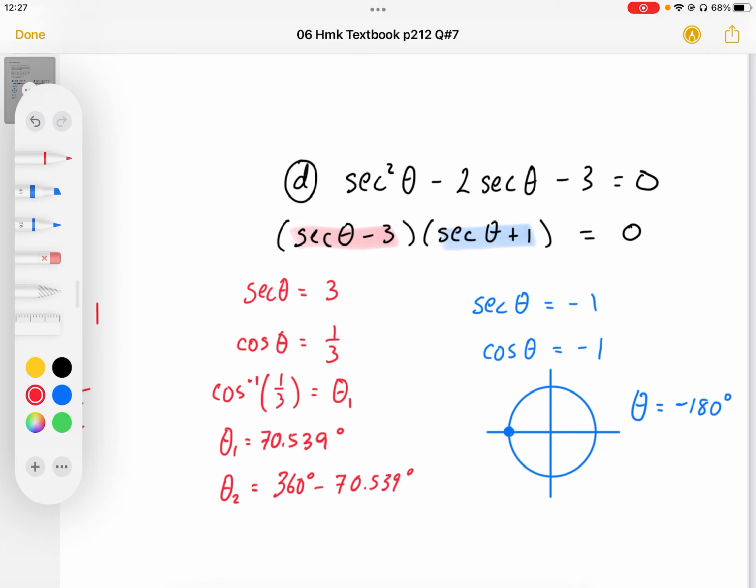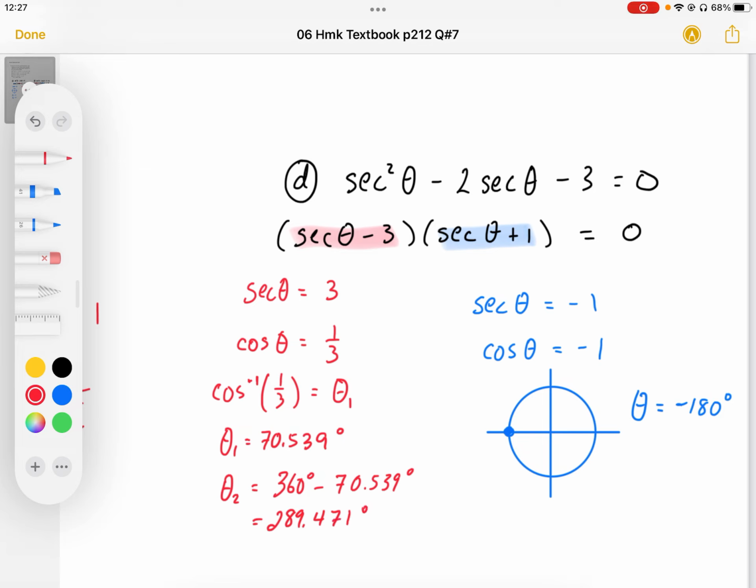So when I work that out, I do 360 minus that answer, and I get 289.471. So theta 2 is 289.471.